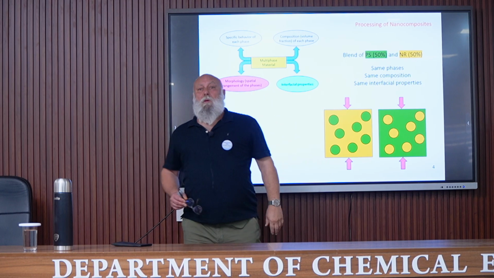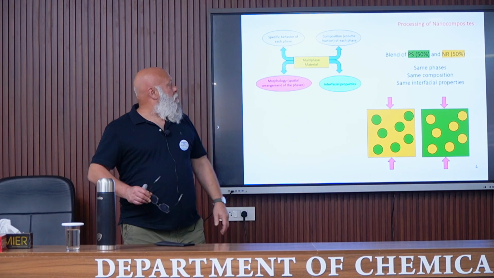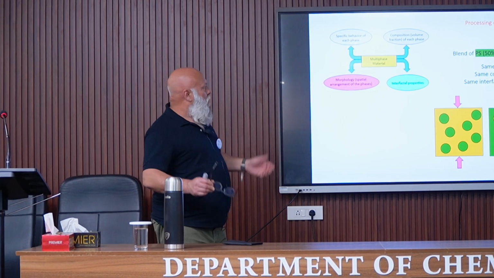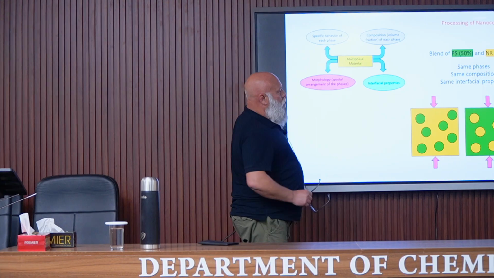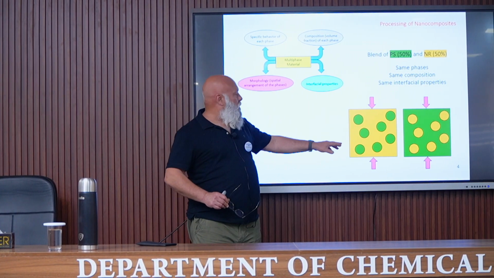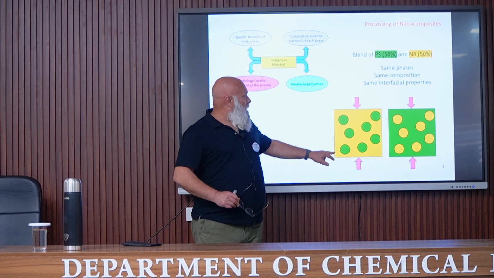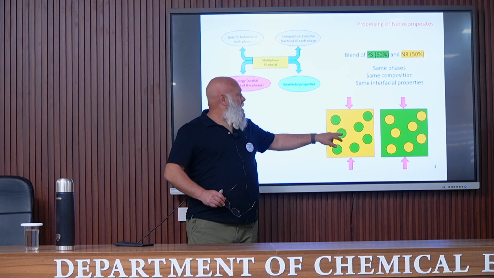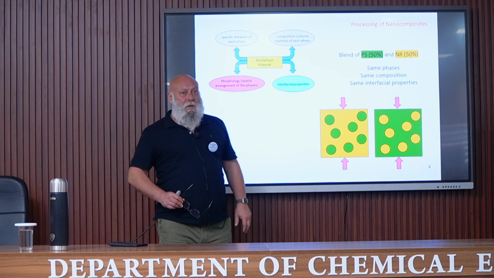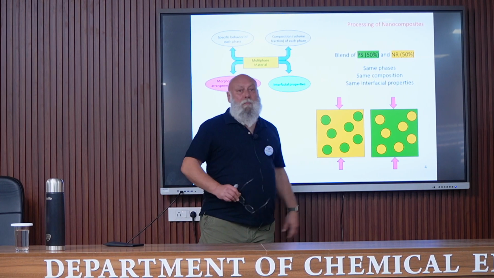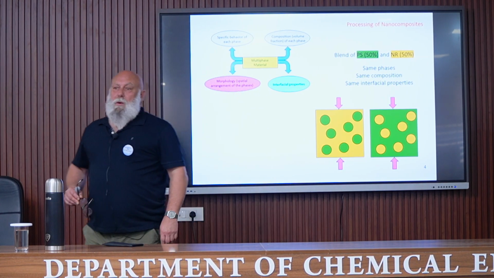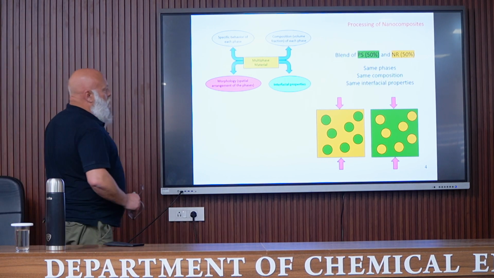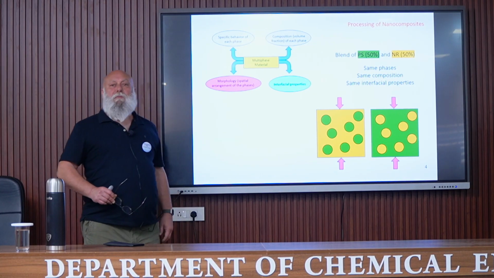Of course, the interactions between natural rubber and polystyrene are the same, whatever the morphology, but we can have two different morphologies which are reported here. In this case, natural rubber is the matrix, and polystyrene is the dispersed phase. Here, on the right side, polystyrene is the matrix, the continuous phase, and natural rubber is the dispersed phase.